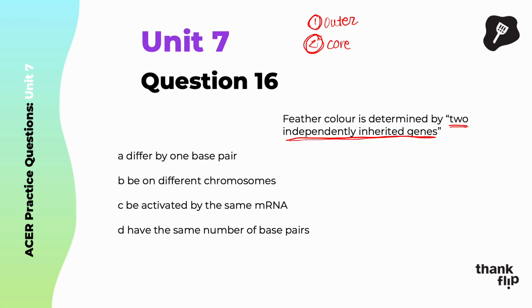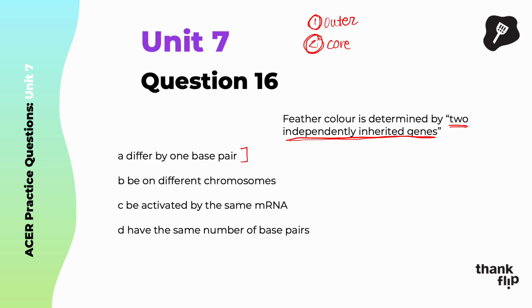It's saying that the genes for the two pigments, would they most likely A, differ by one base pair, B, be on different chromosomes, C, be activated by the same mRNA, or D, have the same number of base pairs. We're looking at the information that's given to us. We're not given any information about the actual codons in this gene or the actual base pairs.